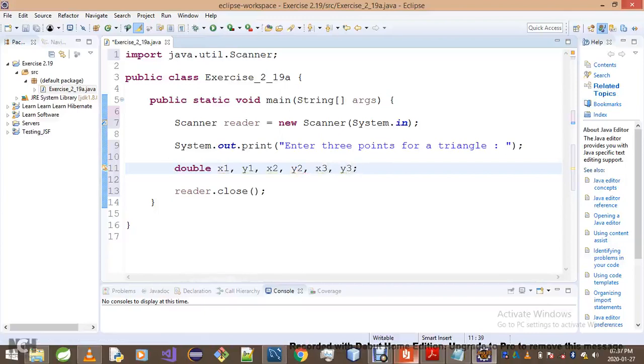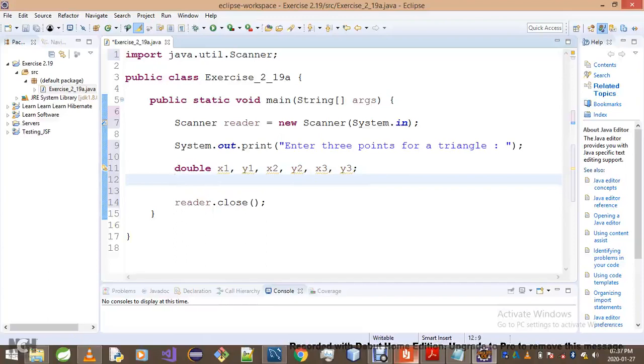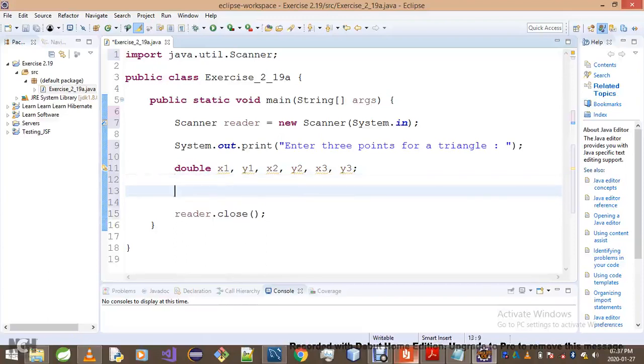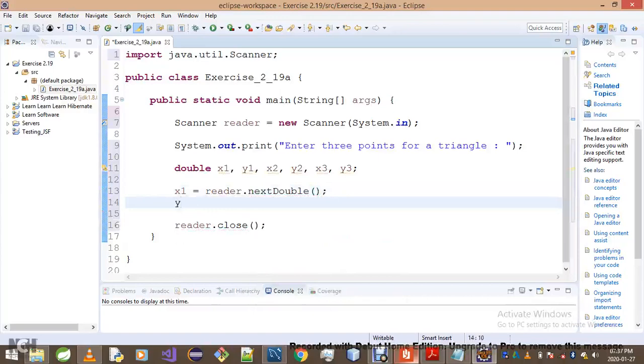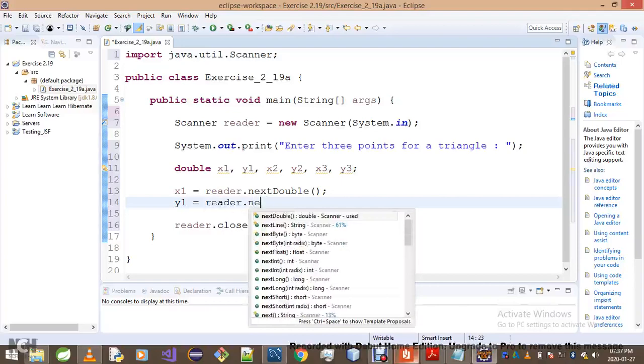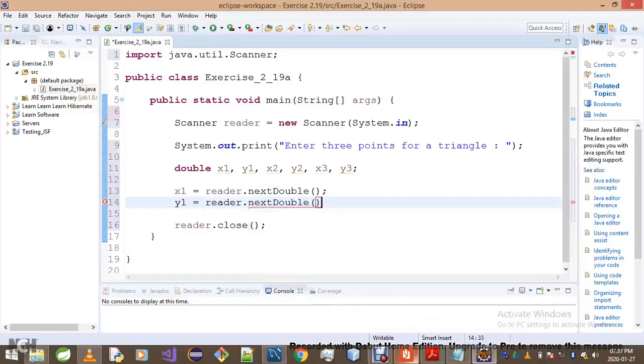Simply do that, and then simply go x1 equals reader.nextDouble(). We do one and the same thing for y1. We go reader.nextDouble().